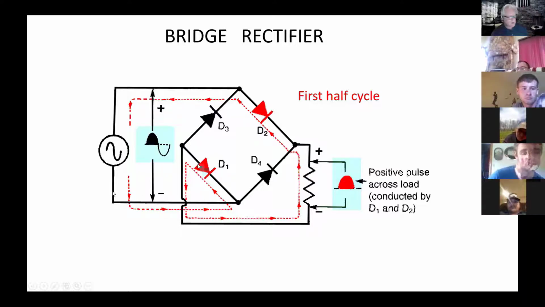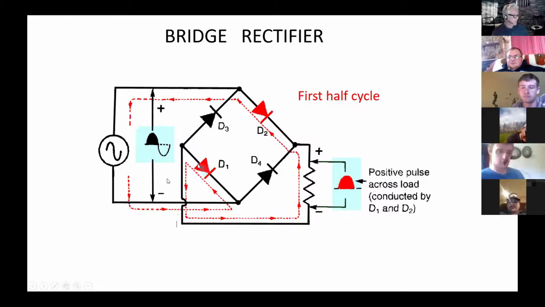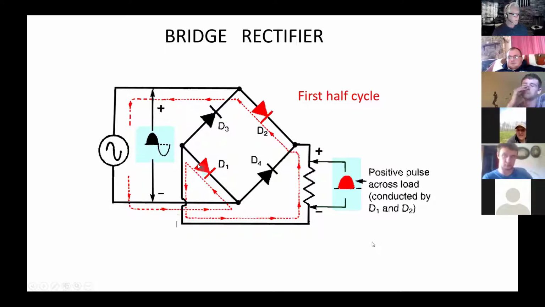But if it's flowing the other direction, for the other half cycle, it can't go that way, so it has to go this way. Can't go that way. So again, even on this half cycle, it's still going from top to bottom and back around. This way I'm going to get both half cycles.